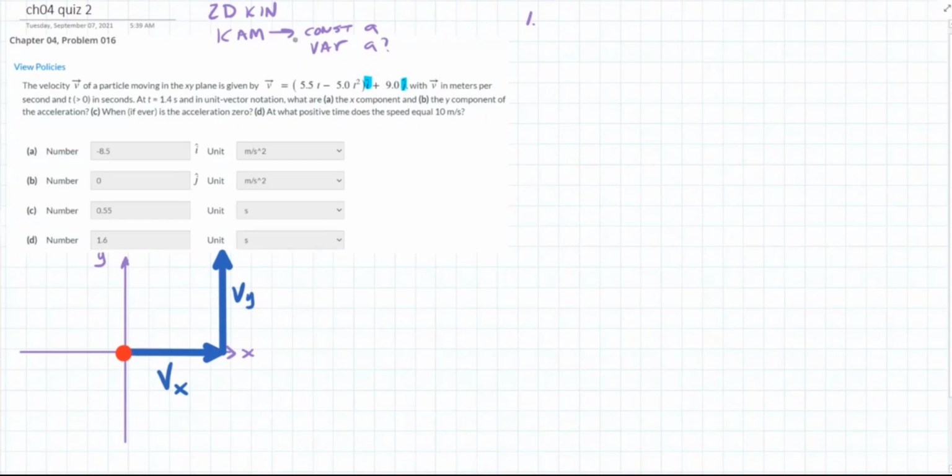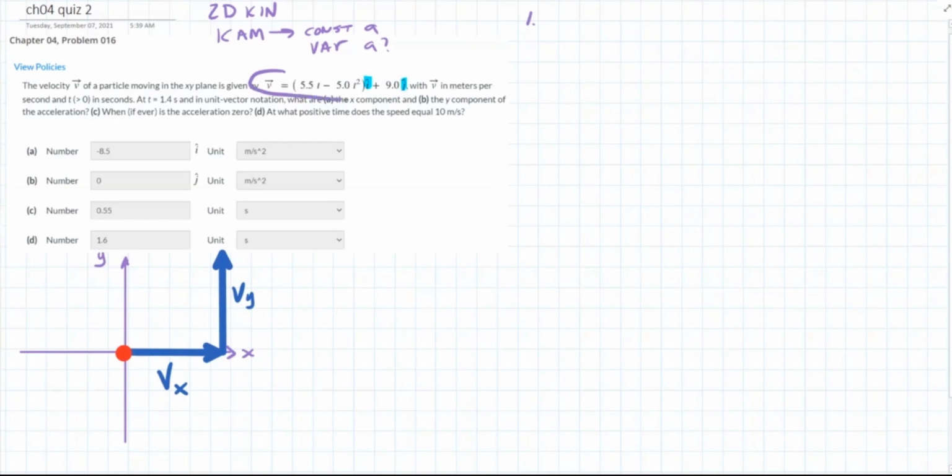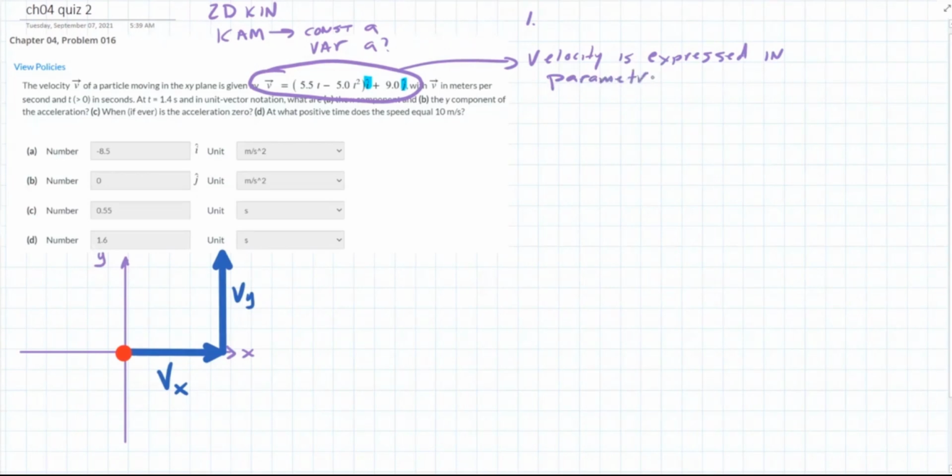And now here's the thing. Look at this representation. This is called parametric representation. This is velocity. The velocity of this particle is expressed in parametric unit vector notation.